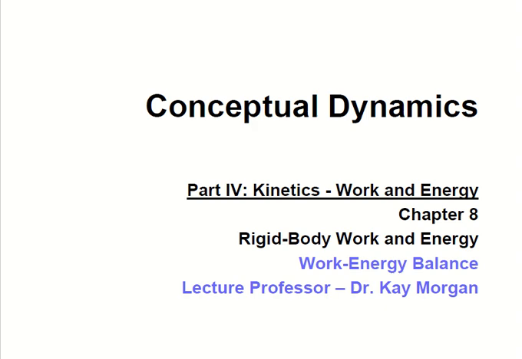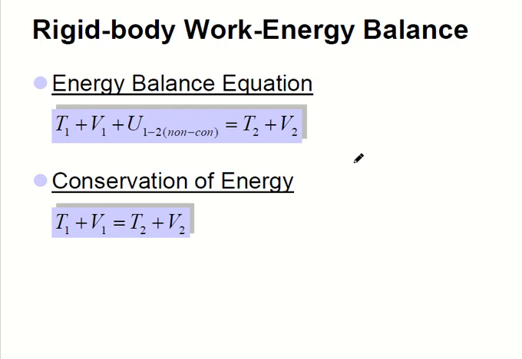Let's take a look at the work energy balance. So here is our balanced work energy equation. You have initial kinetic energy, initial potential energy, and non-conservative work. And then you have final kinetic energy and final potential energy, and they balance. Balance means they are equal.